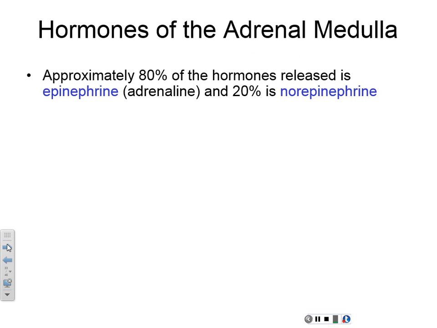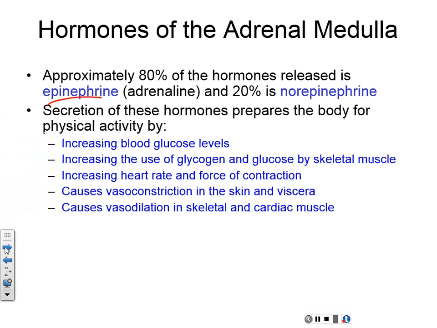Approximately 80% of the hormones released, for obvious reasons, in fight or flight situations, are epinephrine and then norepinephrine, but 20% in the adrenal medulla, all right? Epinephrine, adrenaline, causes all these things.